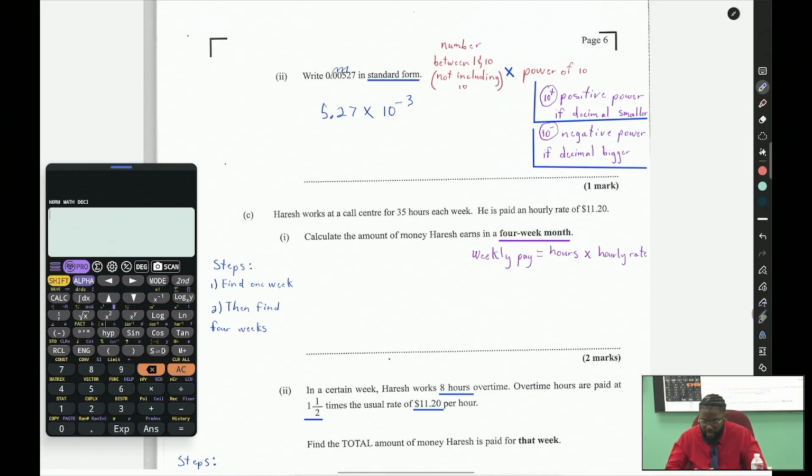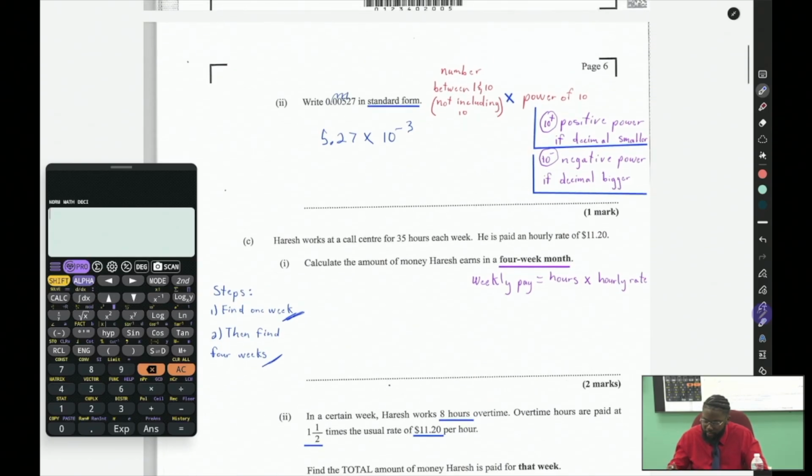So now, steps that we need to look at. So since it is in bold, a 4-week month, first, based on the information, we need to find how much Haresh makes in 1 week. And then afterwards, we can then find how much Haresh makes in 4 weeks. So let's go ahead and do that.